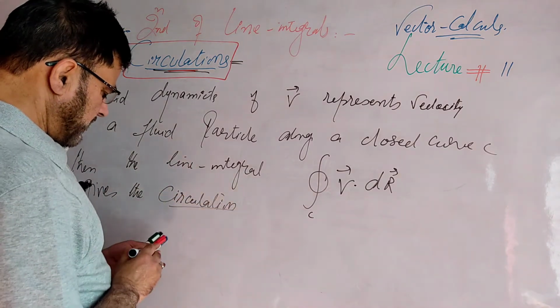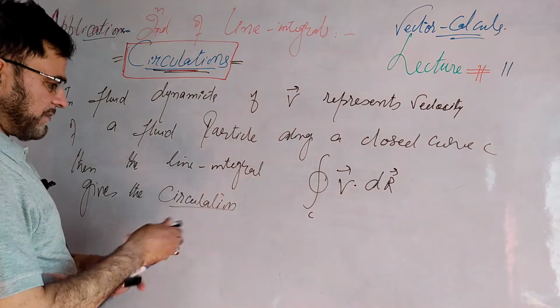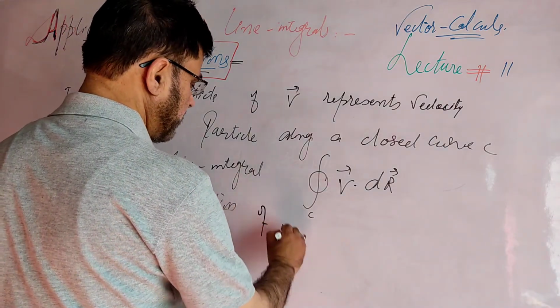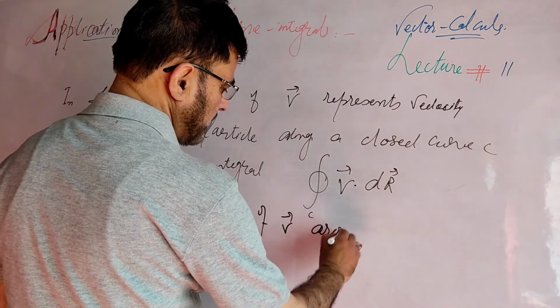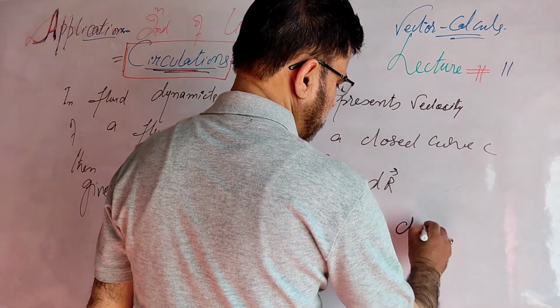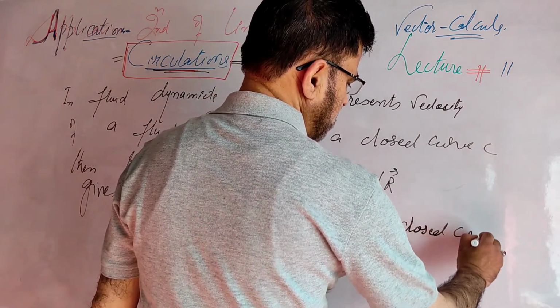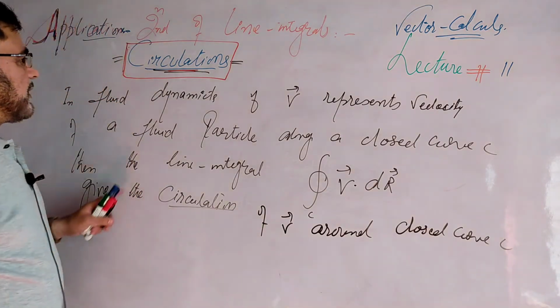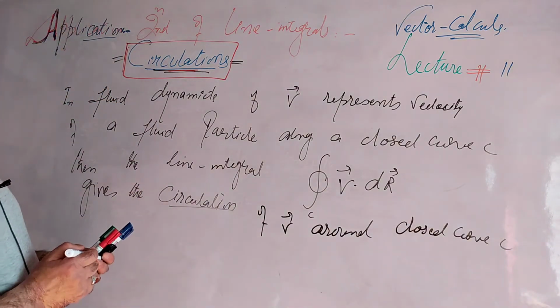It gives the circulation of V around the closed curve C.